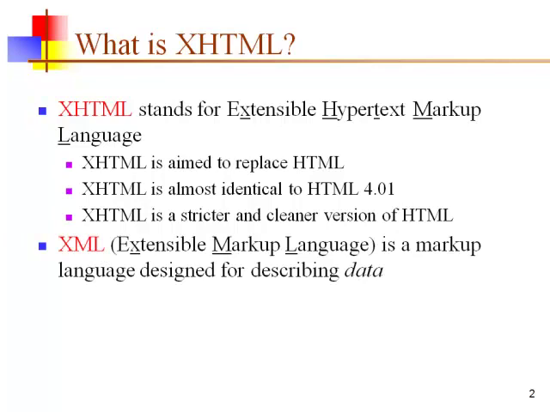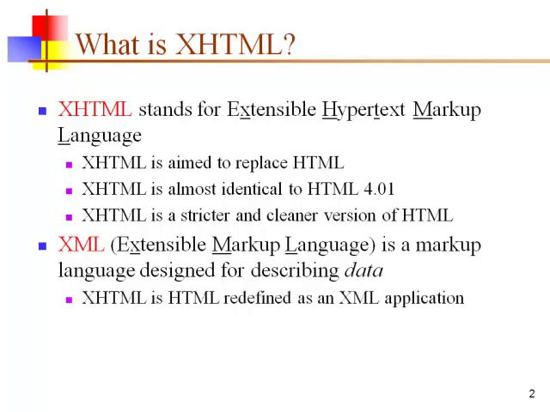Of course, there is one more language, that is XML. It is also called Extensible Markup Language, and it is designed to describe the data. If I get time, after I complete my videos on XHTML and CSS, I'll try to deal with XML as well. But at the moment, just see XHTML.